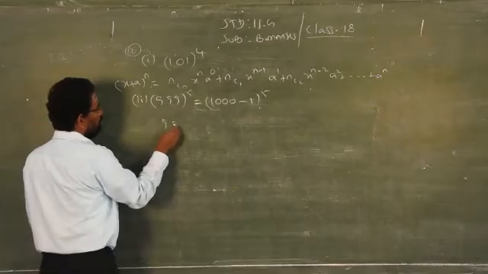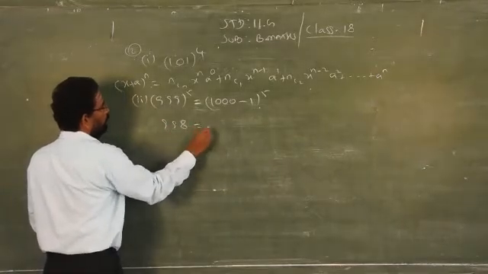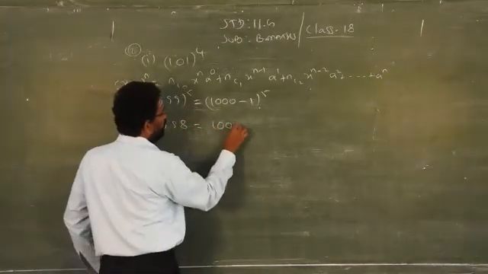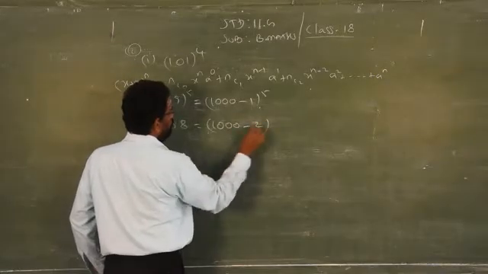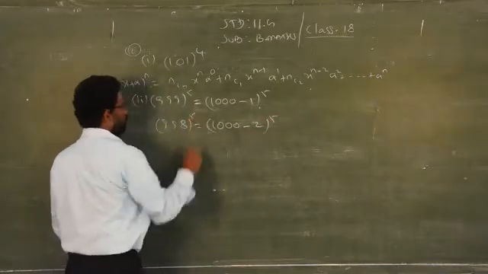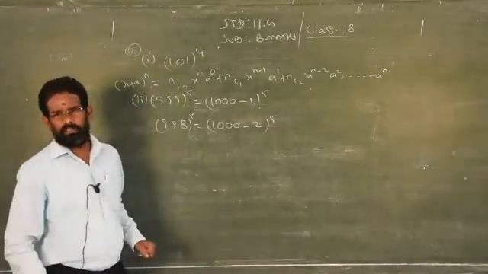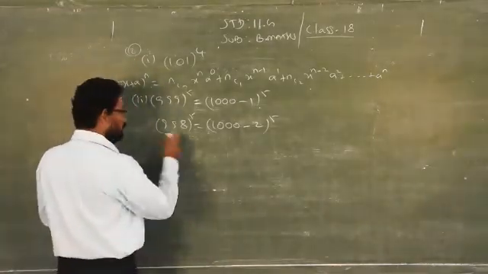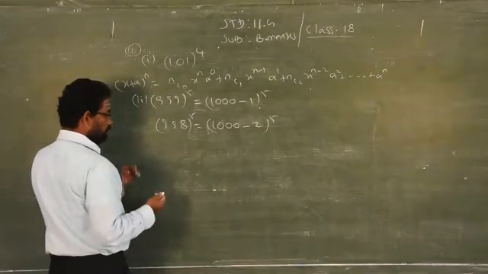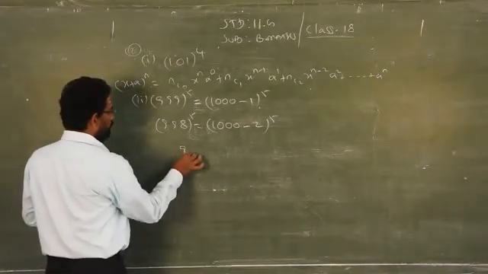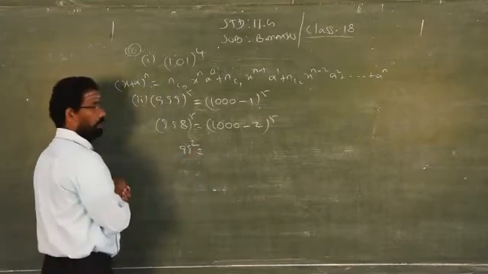So if it is given 998, how will you do the same? 1000 minus 2 whole to the power 5. So this we studied already in 8th standard with 2 digits or 3 digits. Let me recollect what you studied in 8th standard. It will be given like this, 99 the whole square.